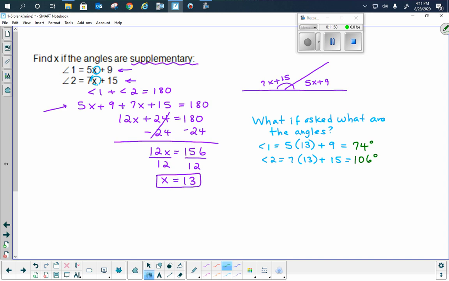And so if it was a quiz, if I was asking you what are the angles, you'd put 74 degrees, comma 106 degrees. You should always very quickly check this. What should you know that 74 and 106 add up to be? I hope you're telling me 180. So if you add that up as a quick check, since it's supplementary, and you get 179 or 181 or anything besides 180, you automatically know you did something wrong, and you can go back and fix it.